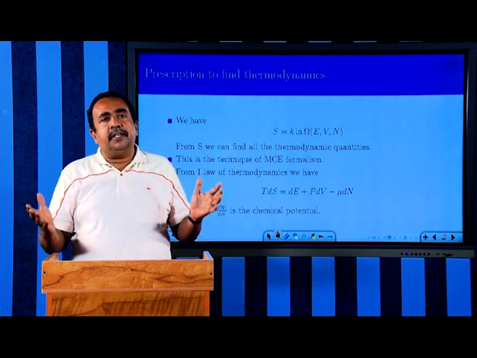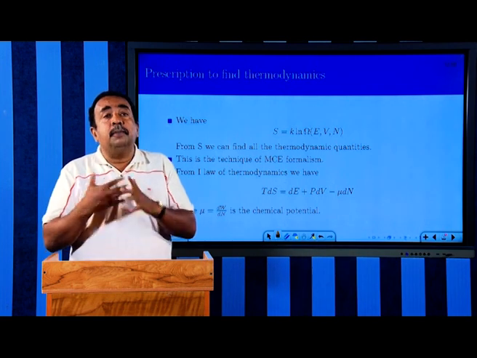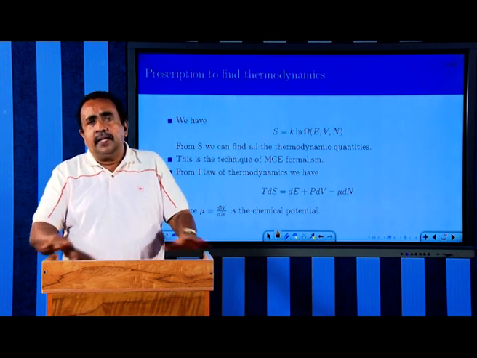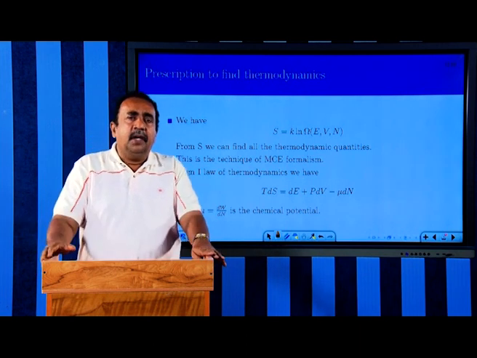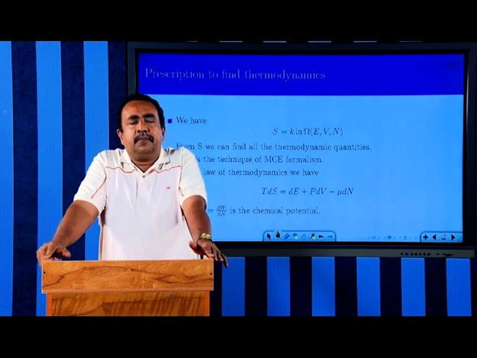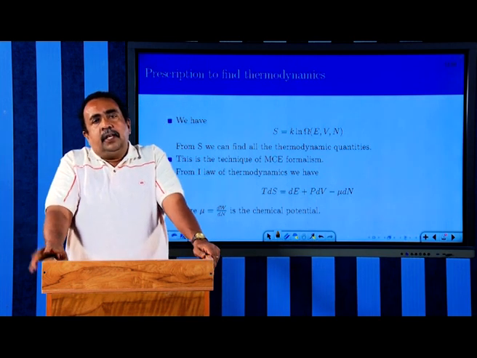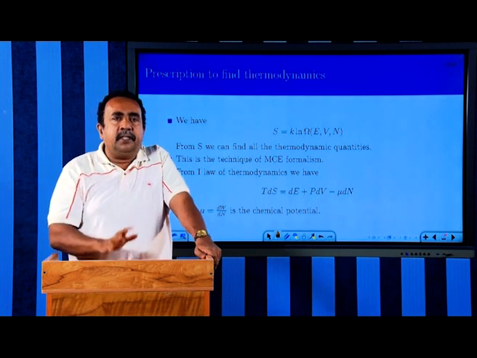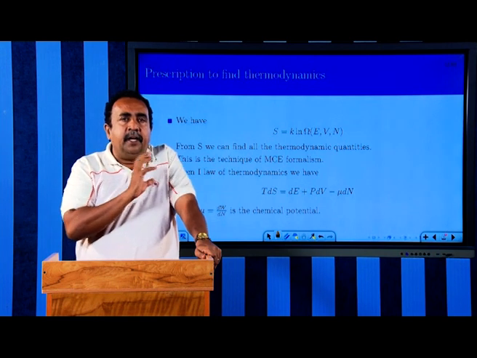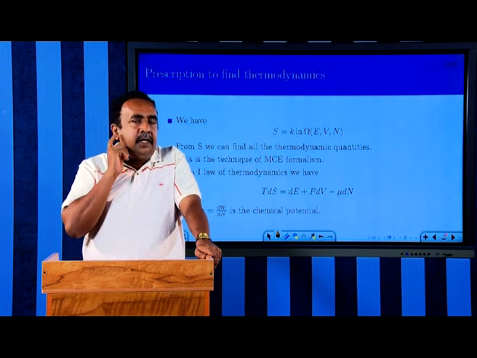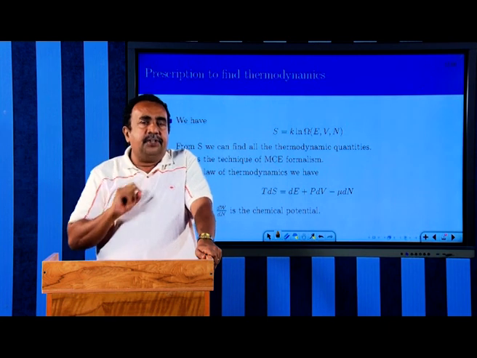It can be used to increase the volume, it can be used to remove the number of particles, it can be used to magnetize or demagnetize a system. Different types of work done will be here. There will definitely be a change in internal energy, and here we will represent that energy by E. Therefore, the change in internal energy is dE.